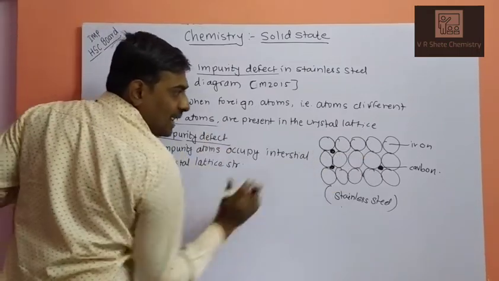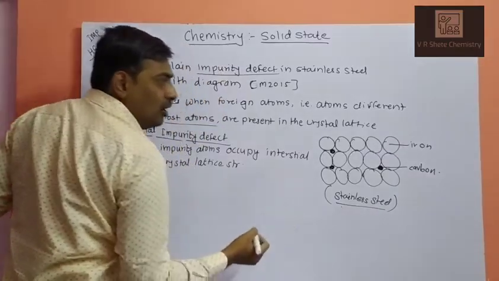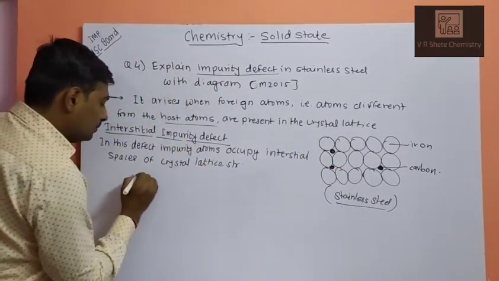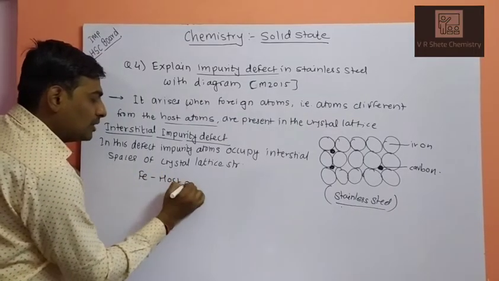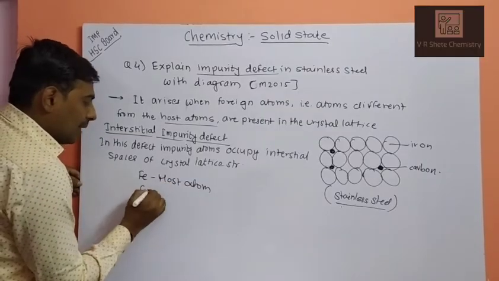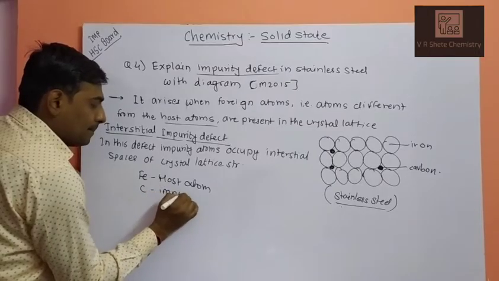If you are considering this diagram of iron, we know that stainless steel is an alloy of carbon and iron. So iron is the host atom or main atom, and the second, carbon, is the impurity.